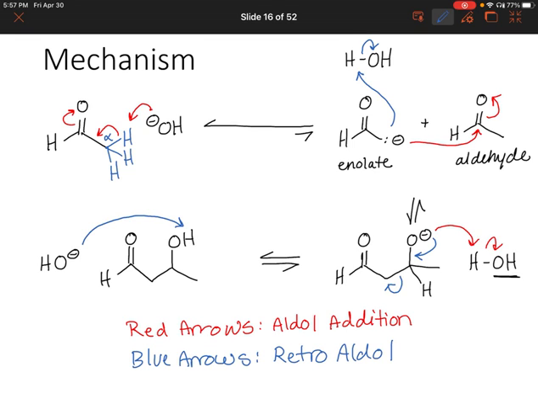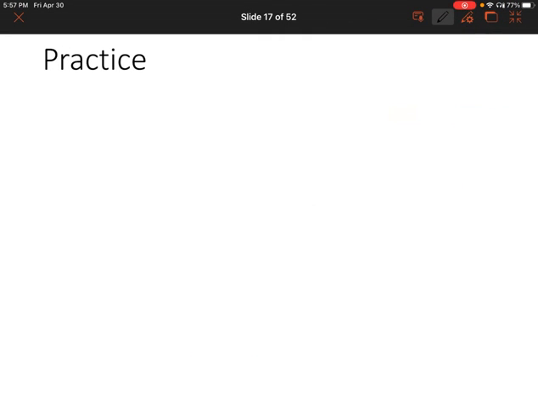So let's do a practice problem for these aldol addition reactions. So I'm going to give you a starting material. And you can assume you have 2 of the starting material.